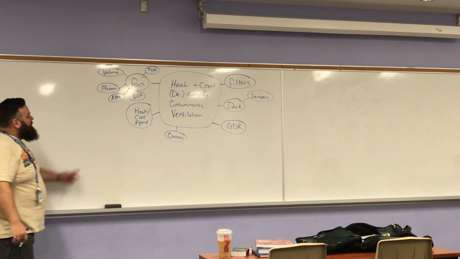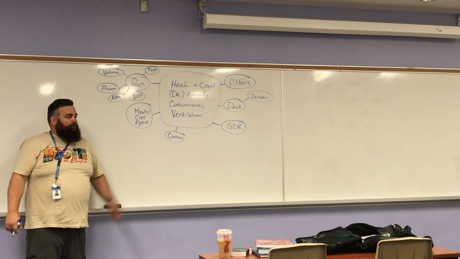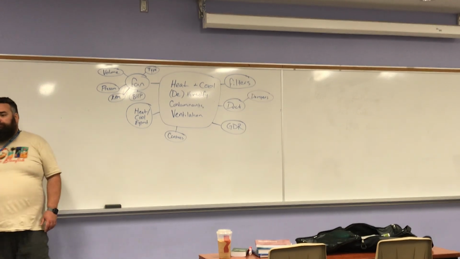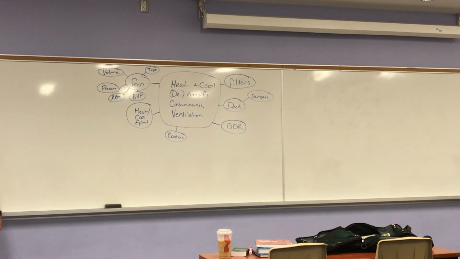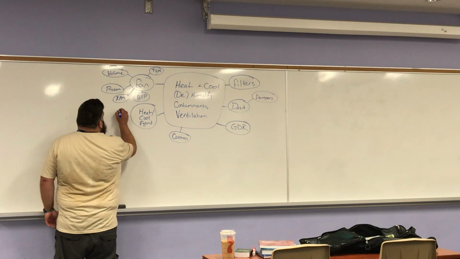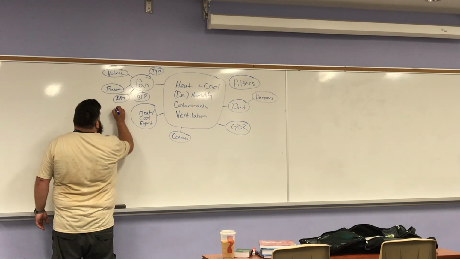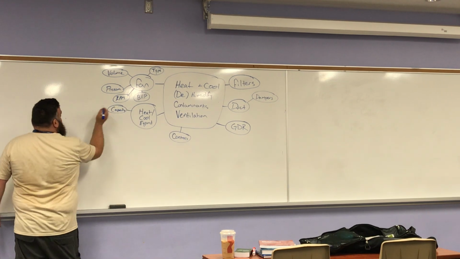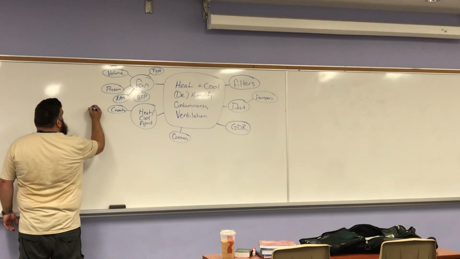Good. Heating and cooling equipment. Any thoughts? BTU output. Okay, so let's say capacity. Heat loss. So I'm going to put capacity, and off of capacity, I'm going to put heat loss, heat gain.